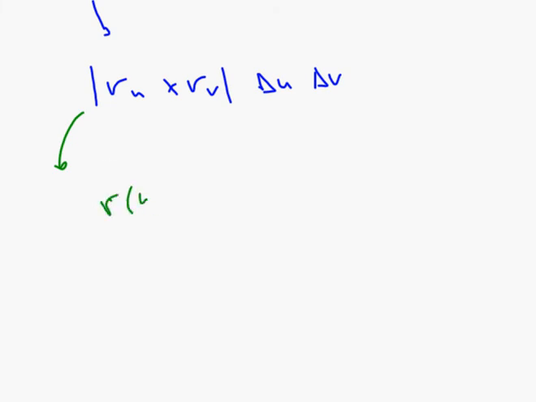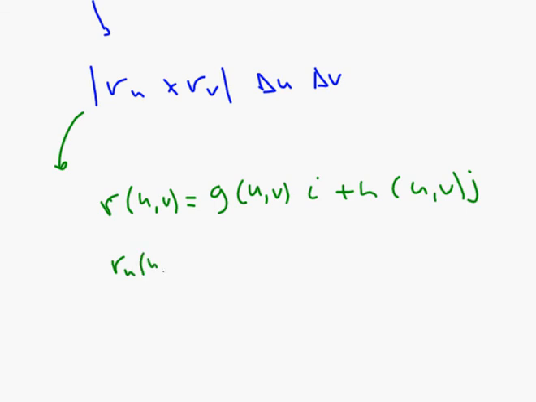R of u,v is equal to g of u,v i plus h of u,v j. So what I could say is that R sub u of this thing is going to be partial g partial u times i, and partial h partial u times j.